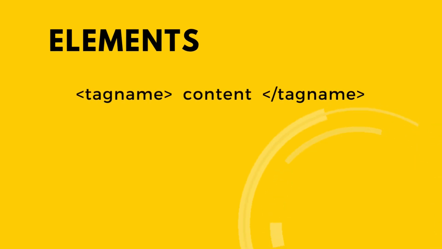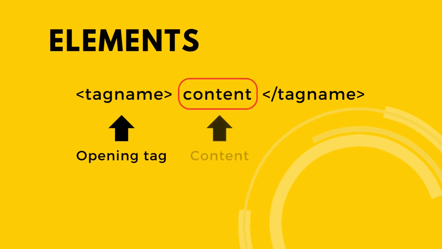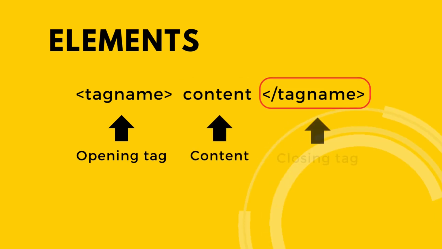If you followed me well, I was mentioning elements, HTML elements. Let me explain what an element is. An element has a tag name, then the content in between the tag name, as in you have an opening tag, the content in between, then the closing tag.